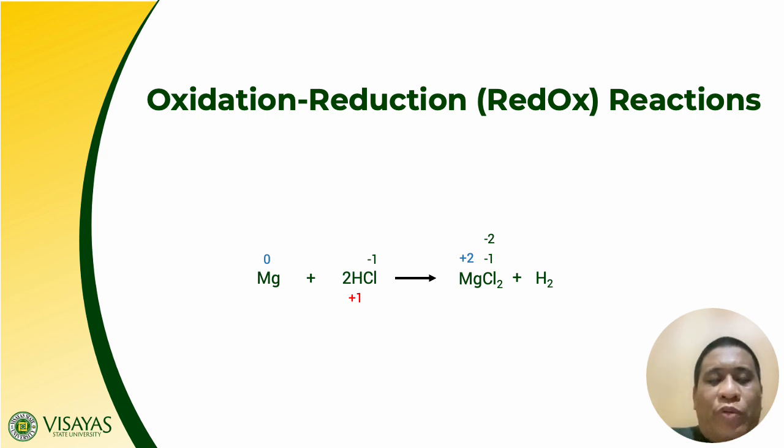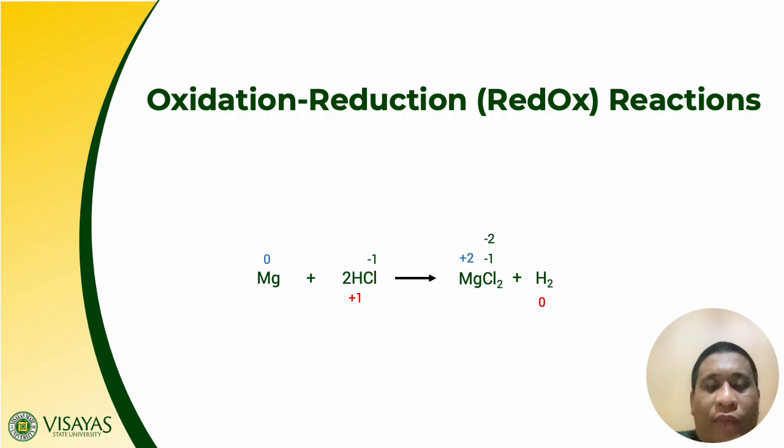Or you can refer to some of the additional rules, that group 2A or the alkaline earth metals, when they become ions, tend to be positive 2. Lastly, for hydrogen, we know this is still uncombined with other elements, so this is in its elemental free state, so this would be 0.